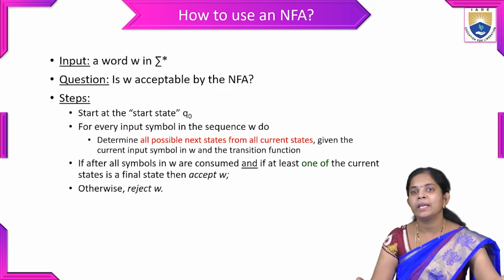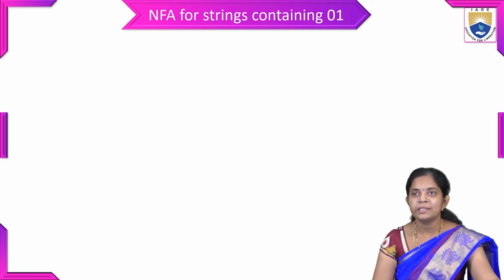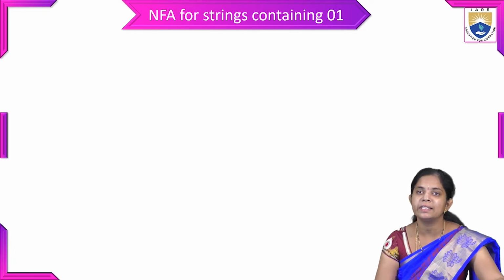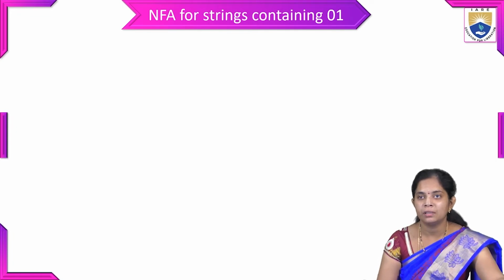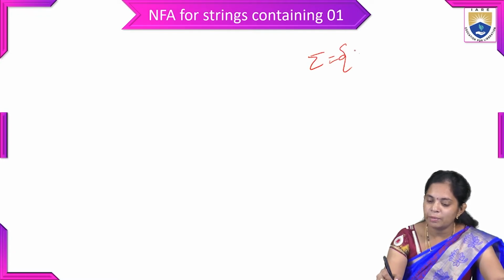So let's see an example of the construction of an NFA step by step. Here is the example: the NFA for strings containing 0, 1 as a substring. Here sigma is the alphabet 0, 1.